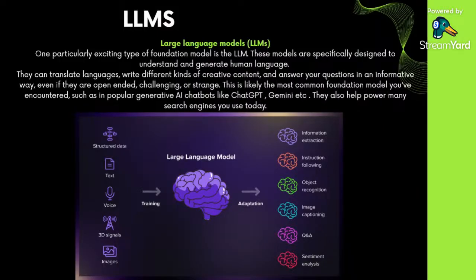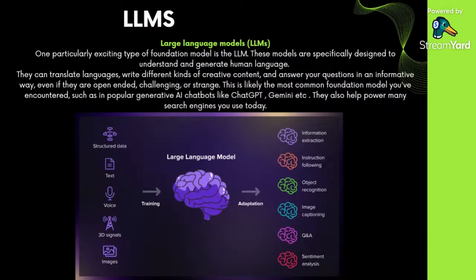What are LLMs? You guys have known about ChatGPT, Gemini, Claude, everything, right? Everything is part of Gen AI, but they belong to a specific set called LLMs. This is one exciting type of foundational model, and they are specifically designed to understand and generate human language. Computers generally like to get inputs in terms of binary, right? But LLMs are not like that. They understand and generate human language.